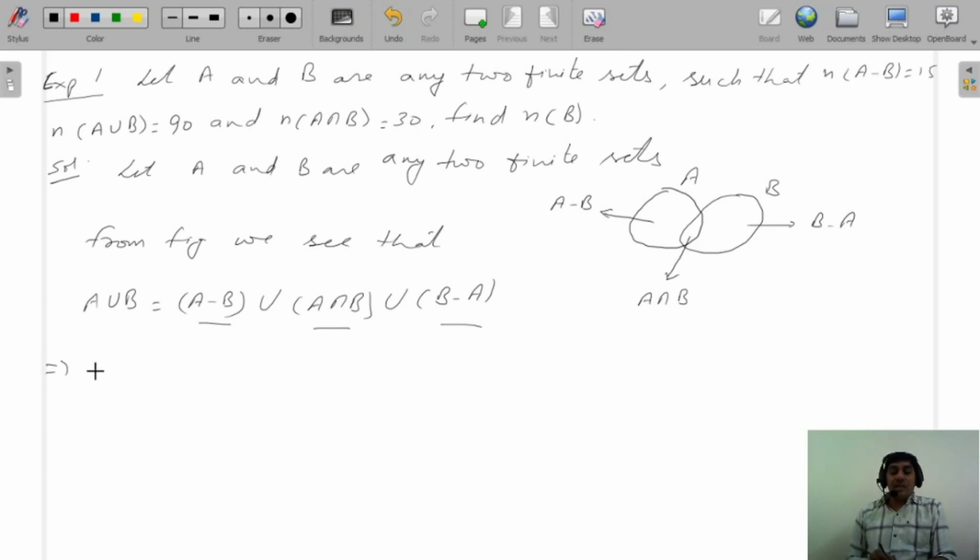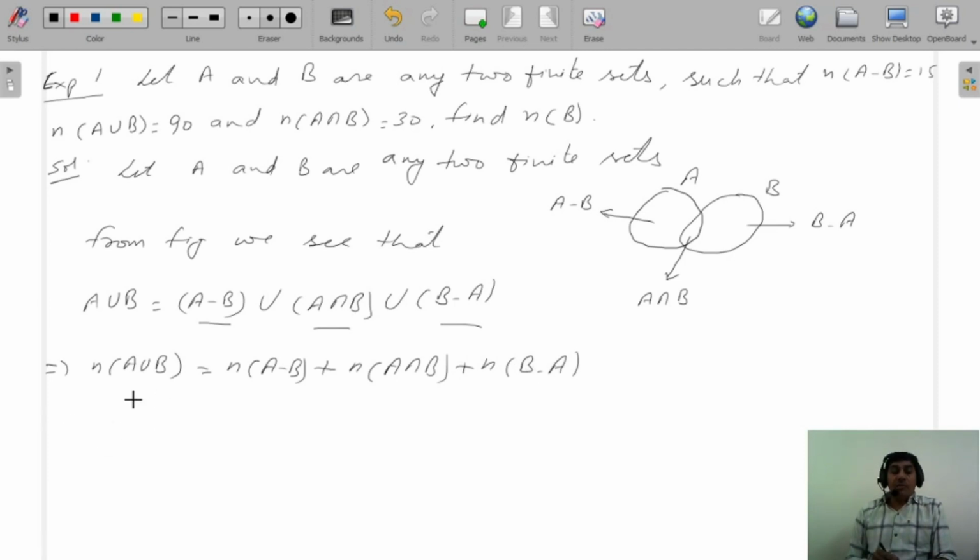This implies n of A union B is equal to n of A minus B plus n of A intersection B plus n of B minus A.